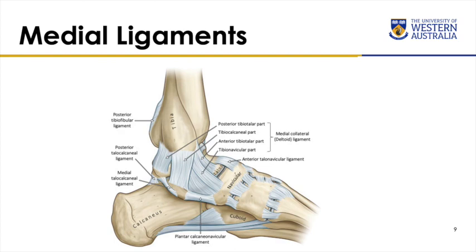On the medial side, we have the medial collateral ligament, which is known as the deltoid ligament. This is again made up of multiple ligaments, but in contrast to the lateral side, they tend to all join together in a fan-shaped ligament, which is hard to distinguish the different ligaments making it up, but include the posterior tibiotalar part, tibiocalcaneal part, anterior tibiotalar part, and the tibionavicular part.